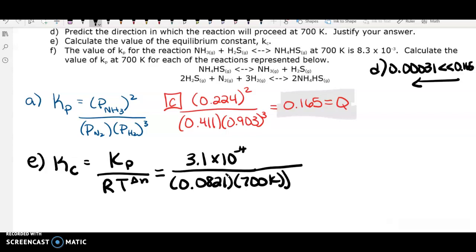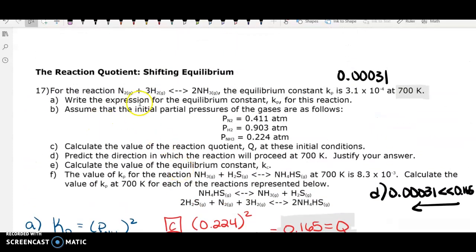And then we're going to raise all of that to the change in moles. Keep in mind that's going to be the number of moles of product minus the number of moles of reactant. So in my ammonia reaction, the one towards the top, because that's the one we're talking about, I have 2 moles of product as compared to 4 moles of reactants.